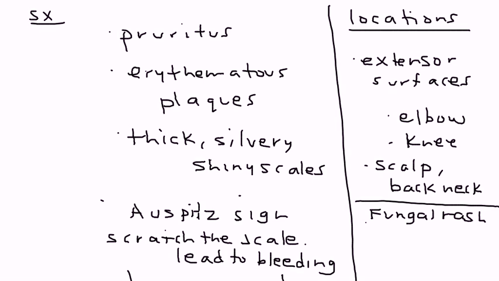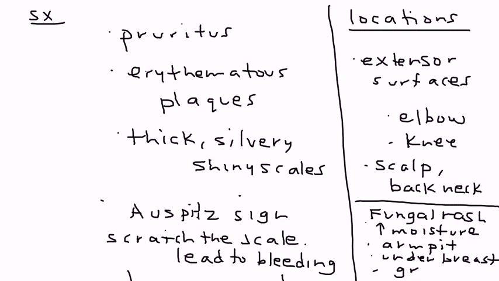But fungal rashes are commonly seen in areas where there's increased moisture. So for example, the armpit, underarm, under the breast, and also in the groin. So if you have a red type of rash in those areas, think fungal. But if it's extensor surfaces, then definitely think psoriasis.